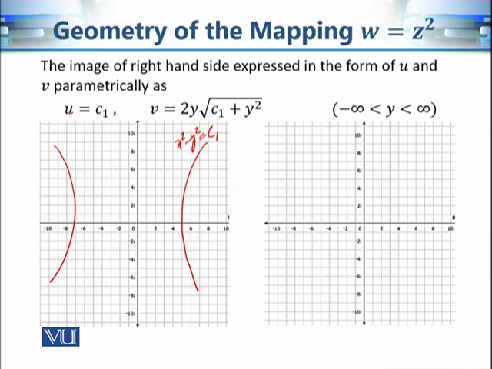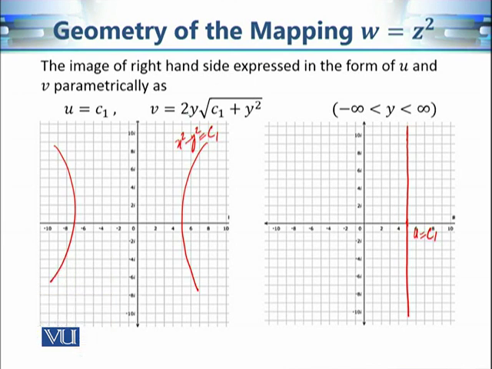Now the image is a curve for which u is always the constant c1. So of course it is going to be a straight line because u is always constant. Now let's see what happens with v = 2y square root of (c1 + y²).